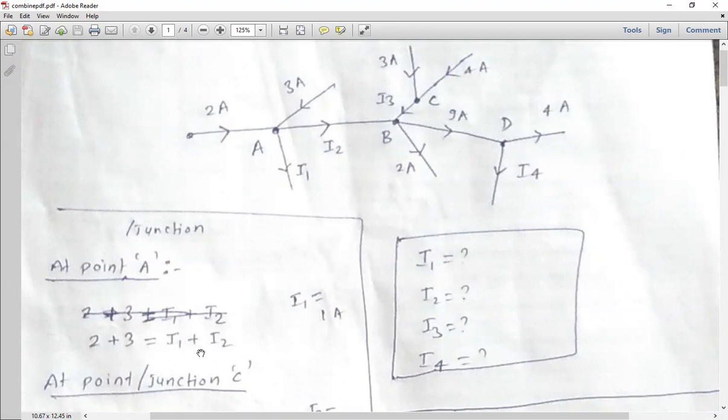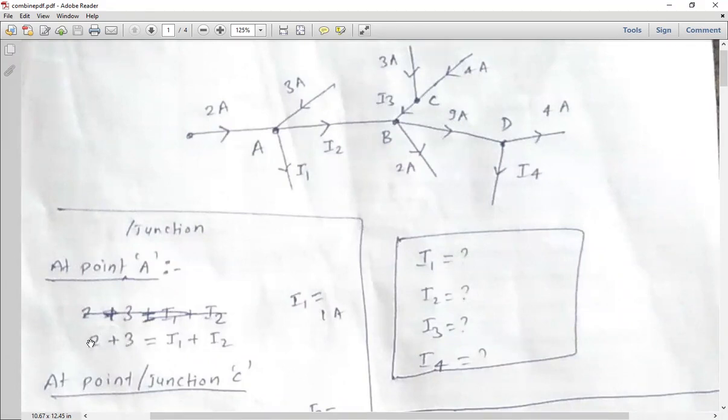You can also write this equation in terms of the first statement of Kirchhoff's law, by considering currents flowing toward the junction as positive and currents flowing away from the junction as negative.